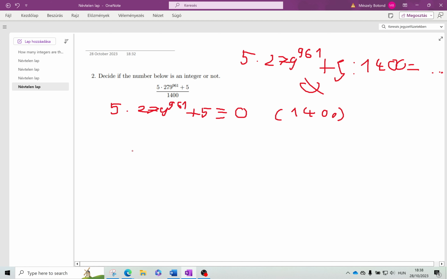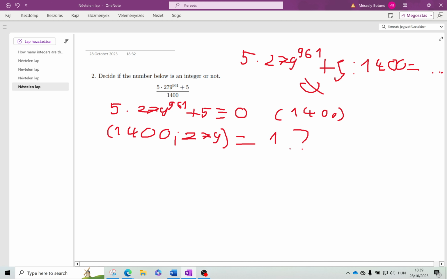How can you decide that? So the first rule of Euler-Fermat is that the modulus, which is 1400 right now, and the number, 279 right now, the greatest common divisor of these two is 1.